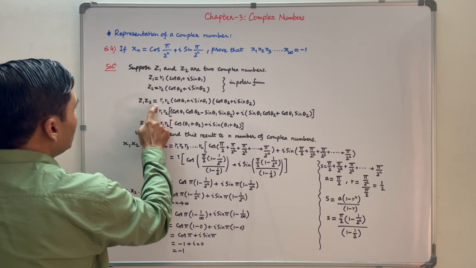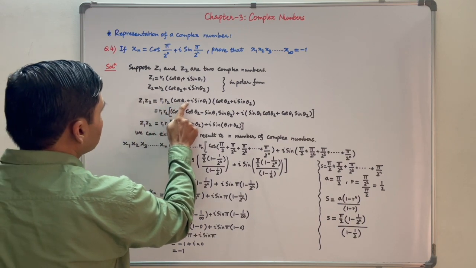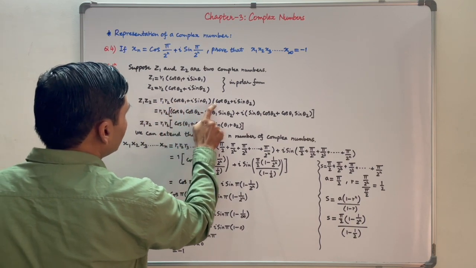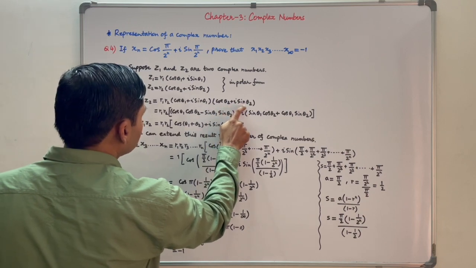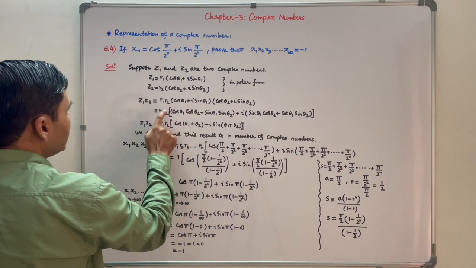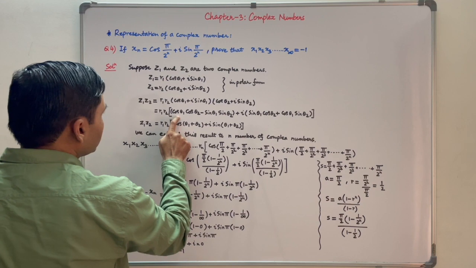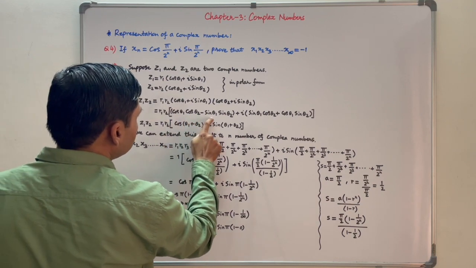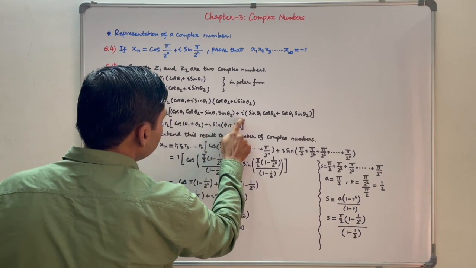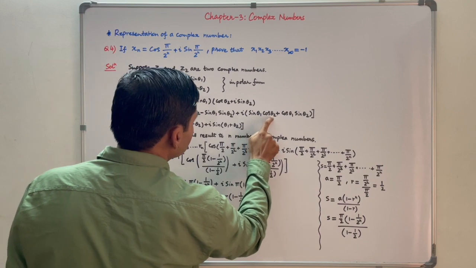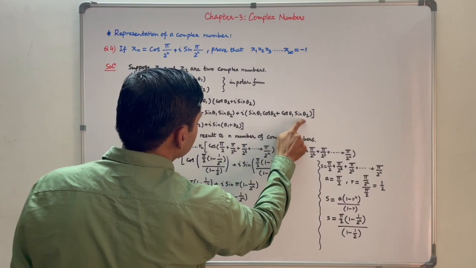z1 z2 is equal to r1 r2 into (cos theta 1 plus i sin theta 1) into (cos theta 2 plus i sin theta 2). It can be simplified as r1 r2 into [(cos theta 1 cos theta 2 minus sin theta 1 sin theta 2) plus i into (sin theta 1 cos theta 2 plus cos theta 1 sin theta 2)].